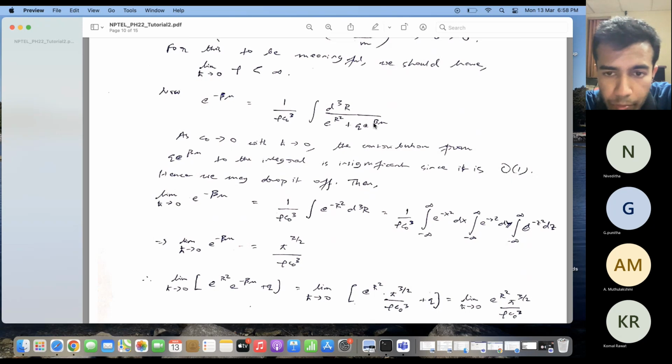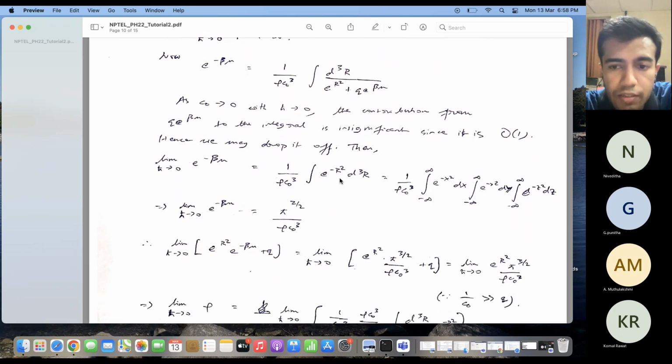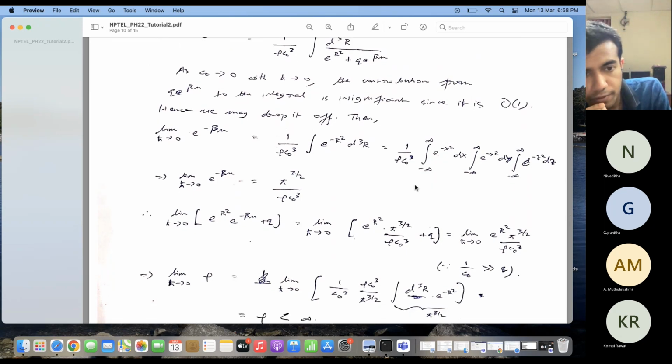So we can drop this quantity and then it simply becomes an integral over e to the power minus r square d3r. If I break it up into these three integrals, you can see I get a product of three Gaussian integrals whose value I know. So in the limit h cross going to 0, e to the power minus beta mu is equal to pi to the power 3 by 2 by rho into c naught cube.